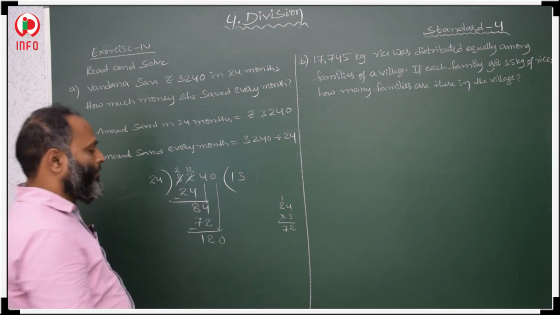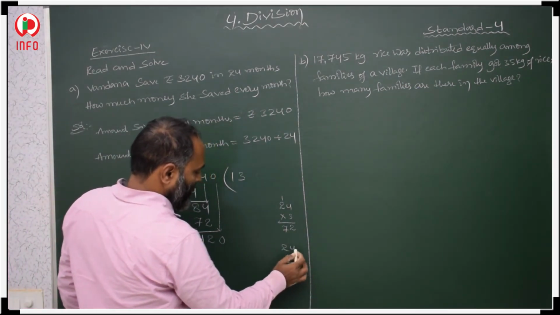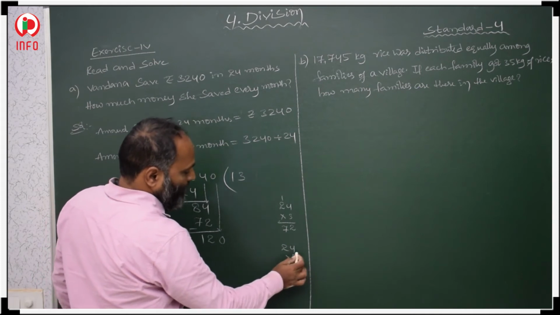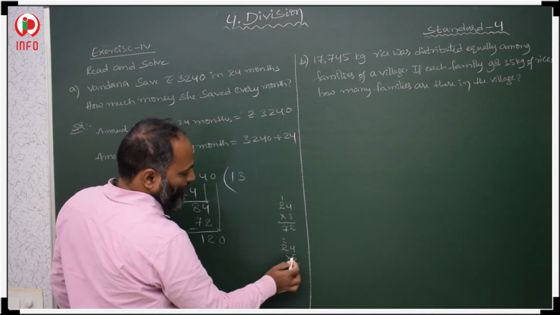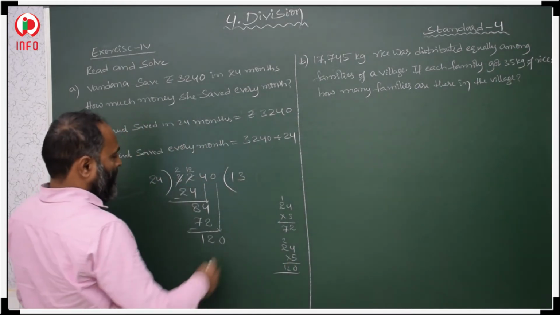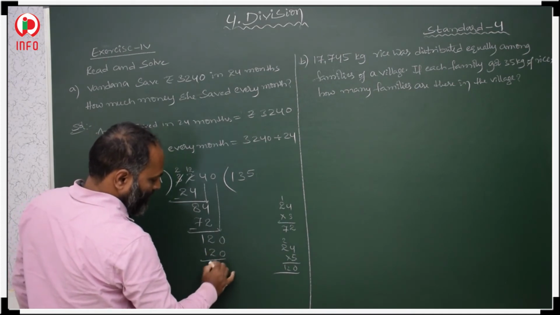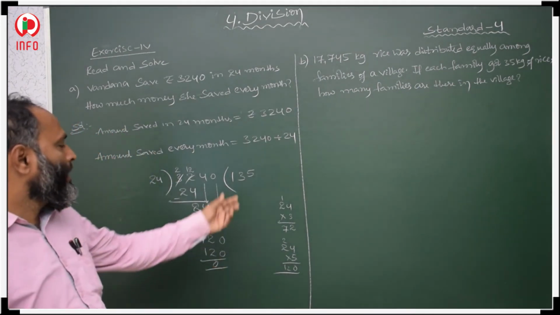Now 24 5s are 120. Then she saved 135 rupees every month.